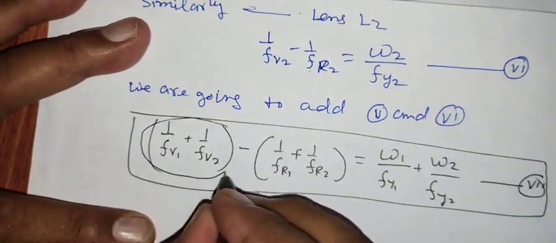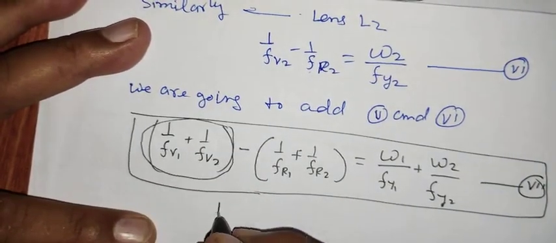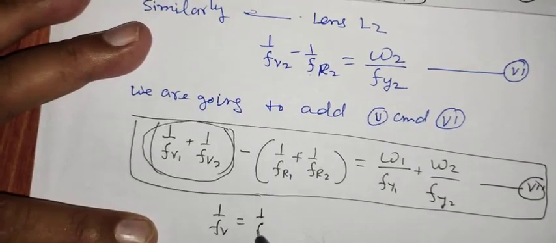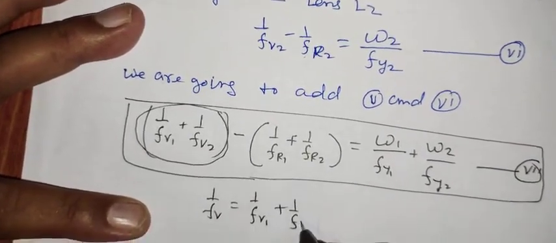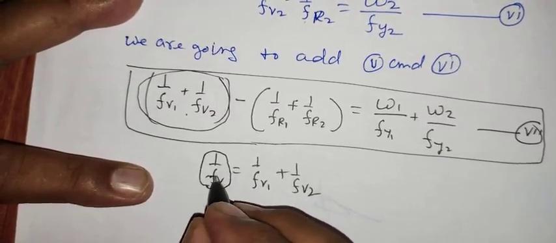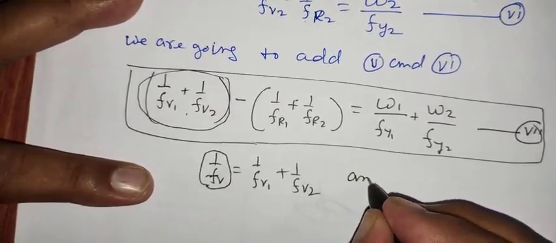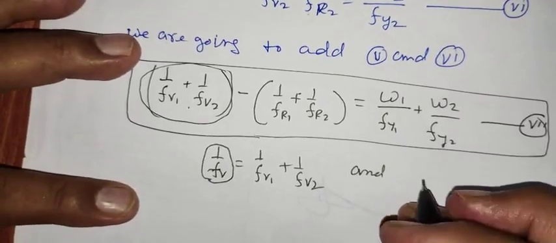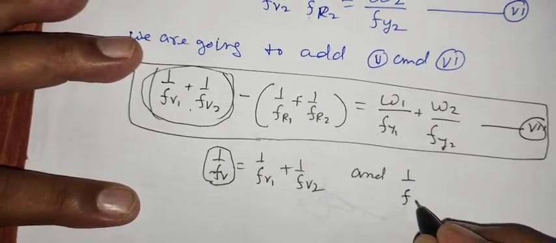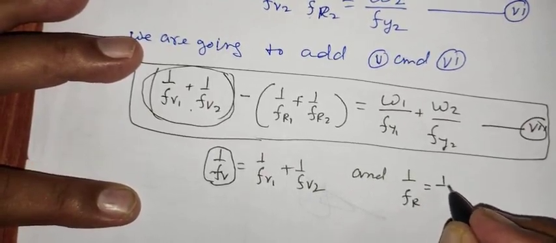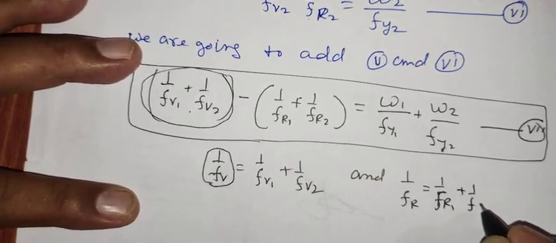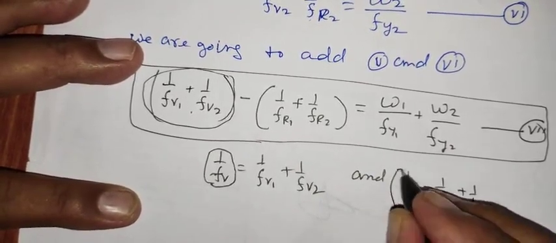See the change which we are going to make. 1 upon fv is equal to 1 upon fv1 plus 1 upon fv2, the focal length for violet color, and we may use the similar concept for red: 1 upon fr is equal to 1 upon fr1 plus 1 by fr2.